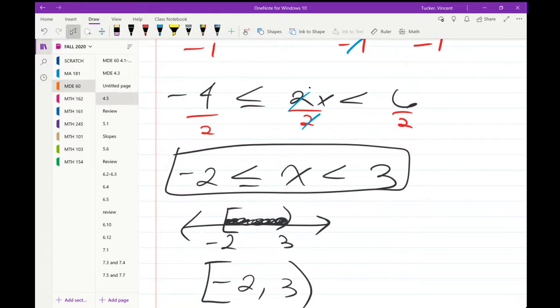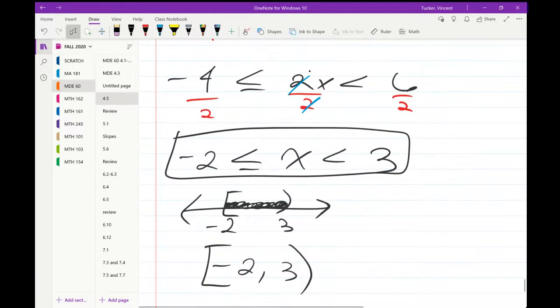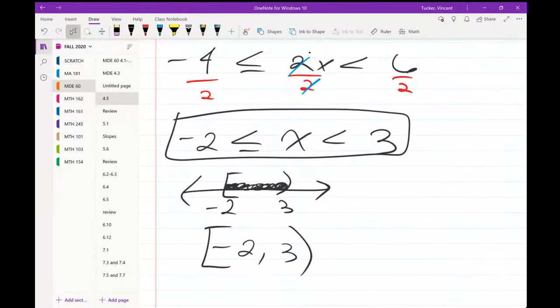And that's how it would look as far as my shading is concerned. Bracket over the -2, parentheses over the 3. And then my interval notation, that same reflection should be shown. I'm going from -2 to 3. So -2 comma 3, bracket over the -2, and then parentheses over the 3.